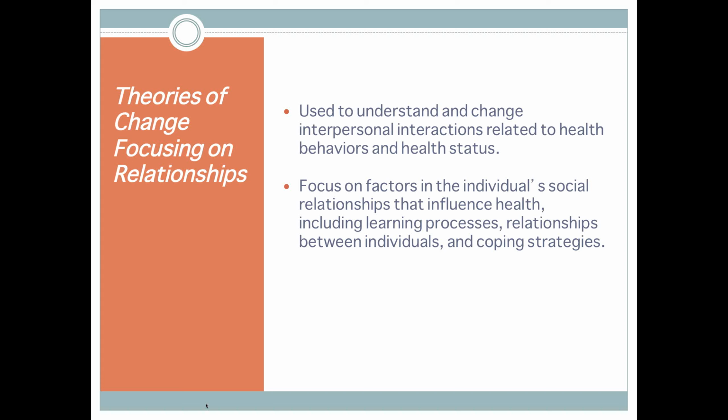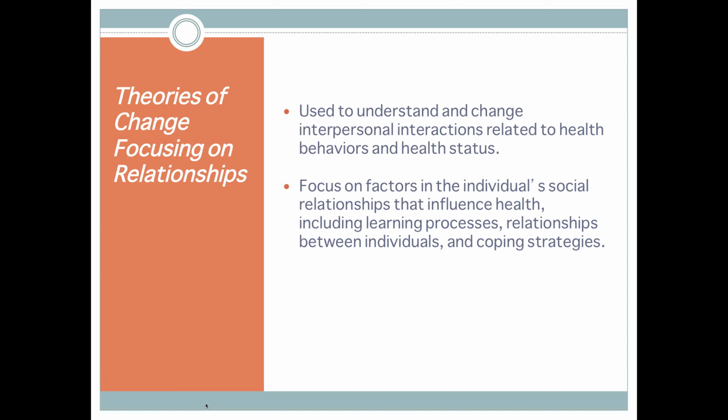So some of the things that are critical factors in the theories of change at the interpersonal level are things like social relationships that influence health, and the learning processes that occur as part of social relationships, the nature and the quality of the relationships between individuals, and the coping strategies to deal with the stress that comes about because of interpersonal relationships.